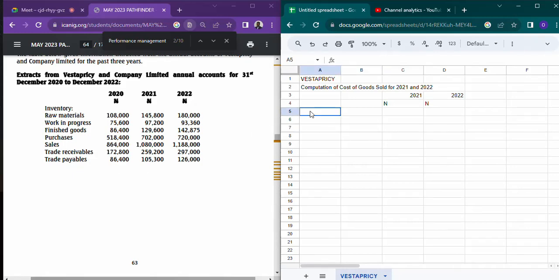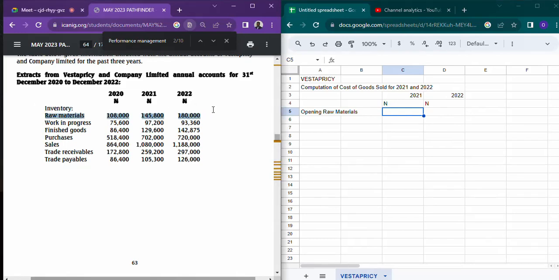So we have opening raw materials. How much is it for 2021? 145,800. Now, these are the closing balances, right? And the closing balance for the previous year shall be the opening balance for the new year.